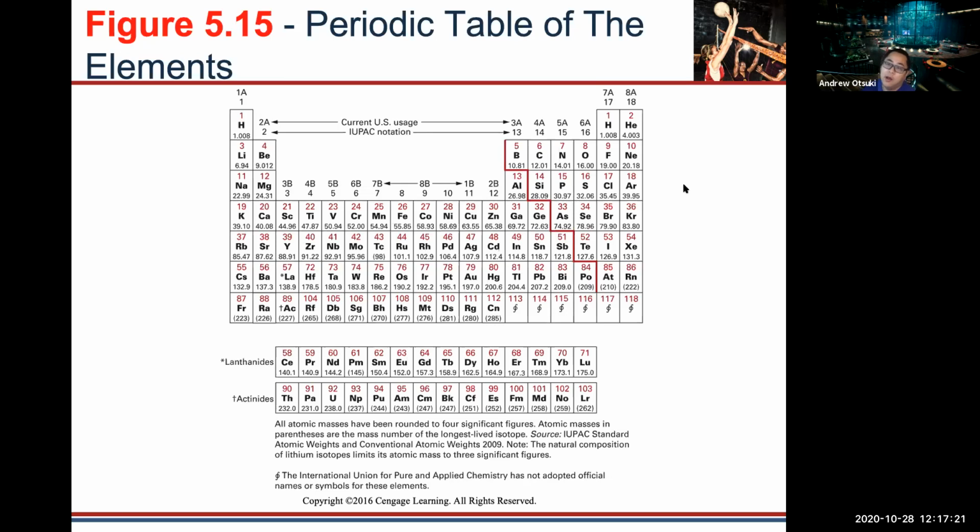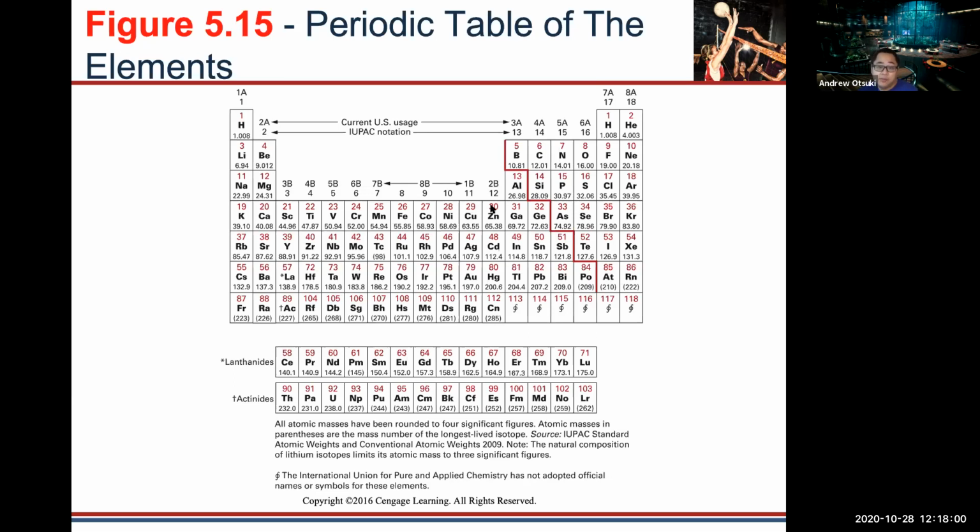Okay. So to recap, because I don't think my screen was sharing. You have the staircase here in bold and red, and everything to the right of the staircase is considered non-metal. Everything to the left is considered metallic or metal. So the elements found on the staircase: boron, aluminum, silicon, germanium, arsenic, antimony, tellurium, polonium, and astatine. They are kind of a hybrid of both non-metal and metal. So we have a special name for that.